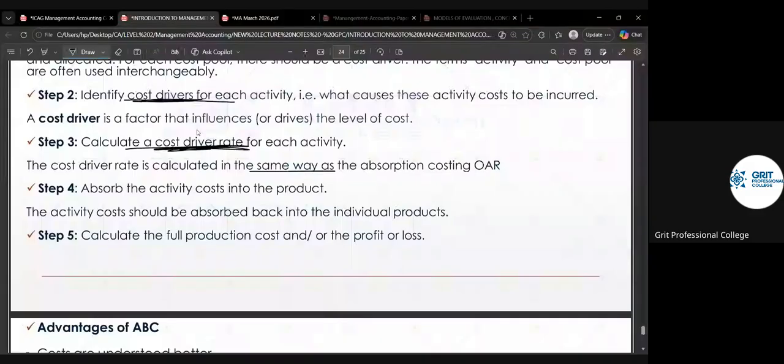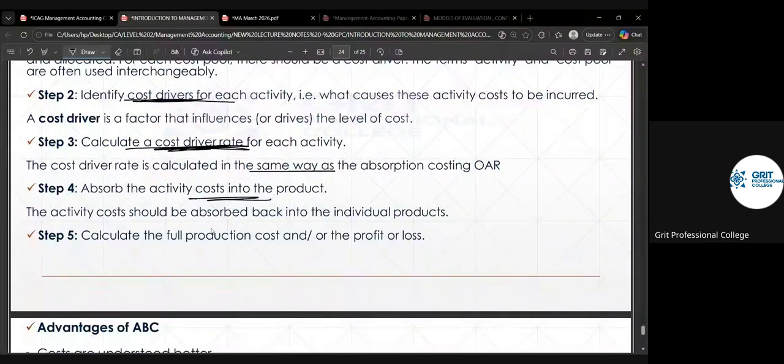So I've answered the trivia question I asked you. All those who were choosing A, you are wrong, and I'll give you a full breakdown of why. The answer is C. The OAR under the traditional costing system, or the CDR, cost driver rate, under the ABC, is used to absorb the overheads into a company's product.